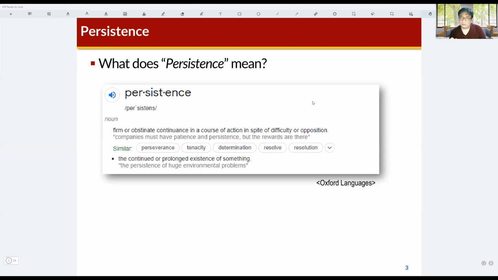If you read this textbook, the three steps of the operating system, you can find that the first chapter just mentions the terminology persistence. So what does persistence mean in the computer system?